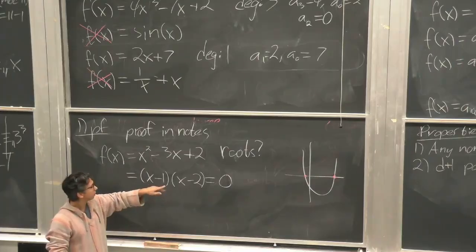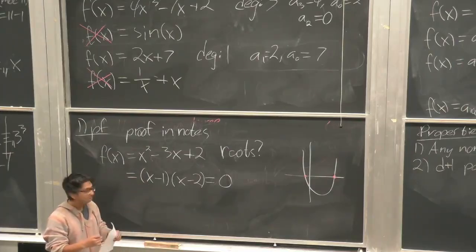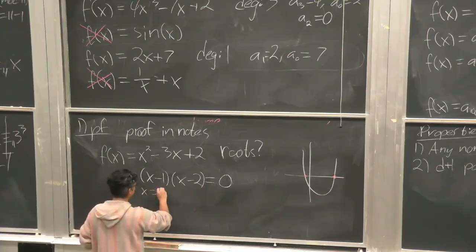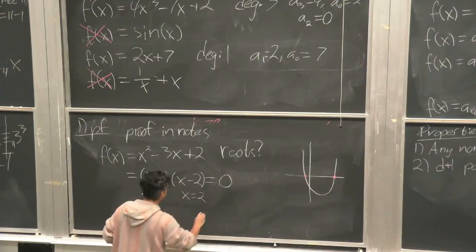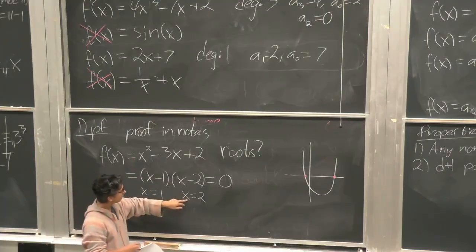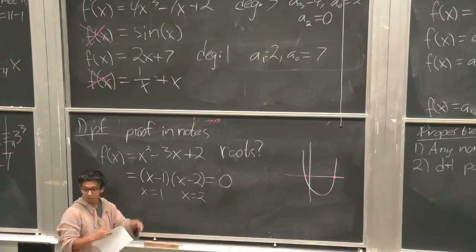So the question is, what are the zeros to this polynomial? Show me on your fingers. In this form, it's a lot easier to see. We have x equals 1 and x equals 2, right? Because if you plug 1 in, 1 minus 1 is 0, that becomes 0. If you plug 2 in, 2 minus 2 is 0, it becomes 0.